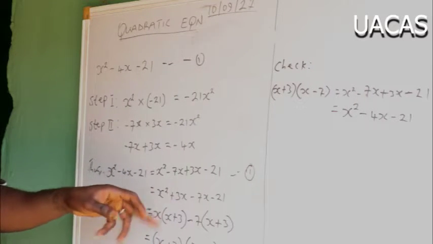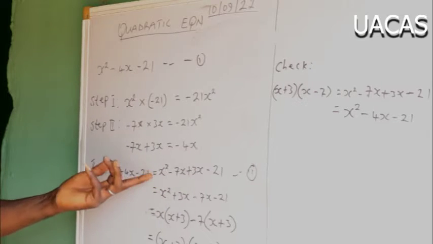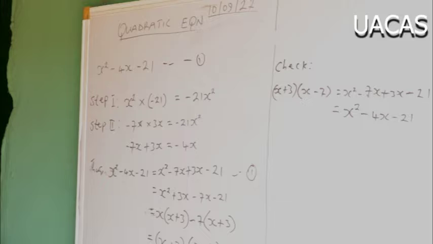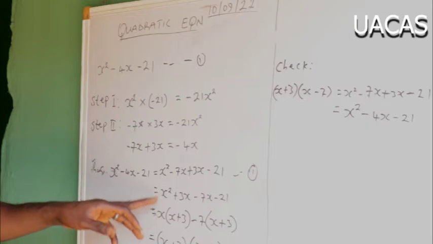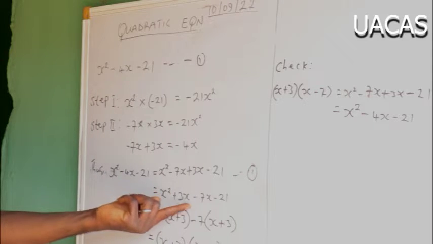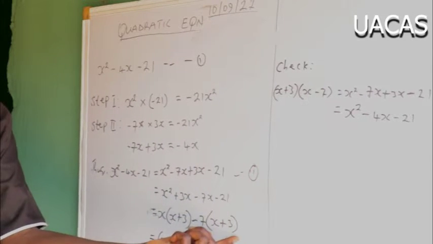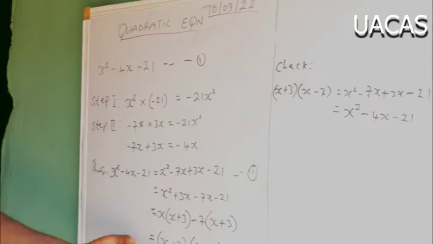That is x squared plus 3x. We brought the plus together, and the minus together. So we now factorize it. We have x, look at it, will give us the same side here, minus, look at it, by the time you open this bracket, you have this. So this is what we did.